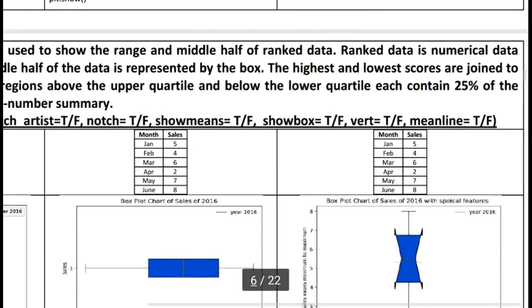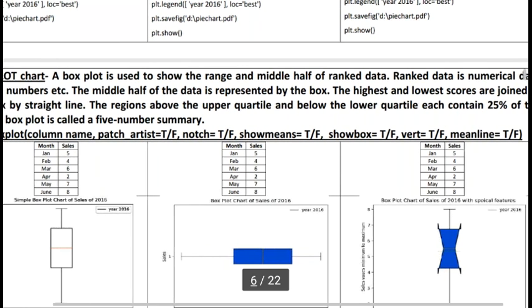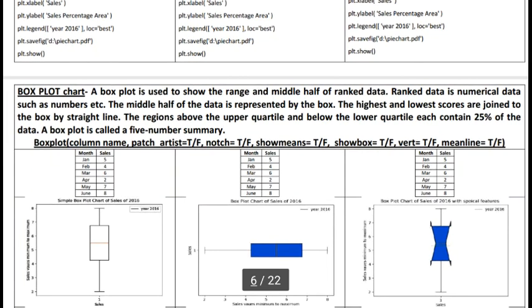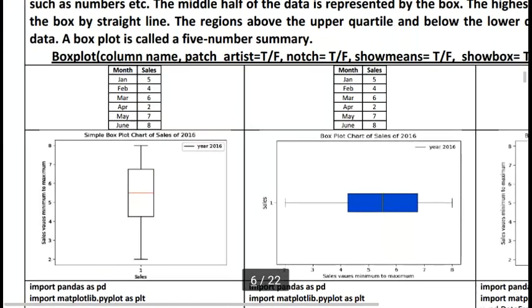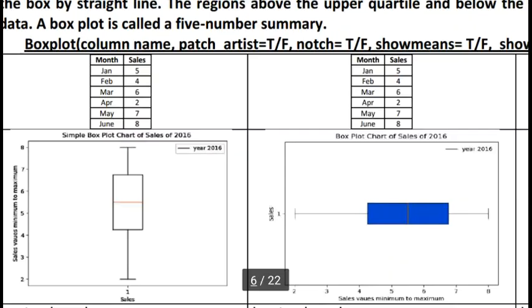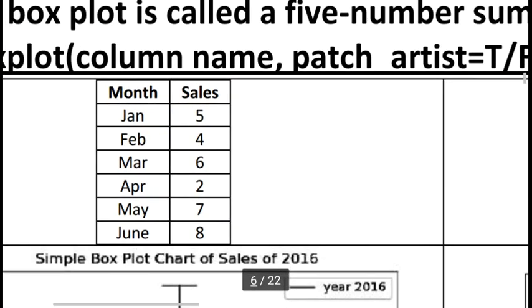We will see all the parameters one by one in our example, so this will become clear easily. But keep in mind the syntax and the structure of the box plot like that. Here first we take a very simple example. This example I already used in another chart, so I am taking the same example here. This time I want to construct a box plot chart.